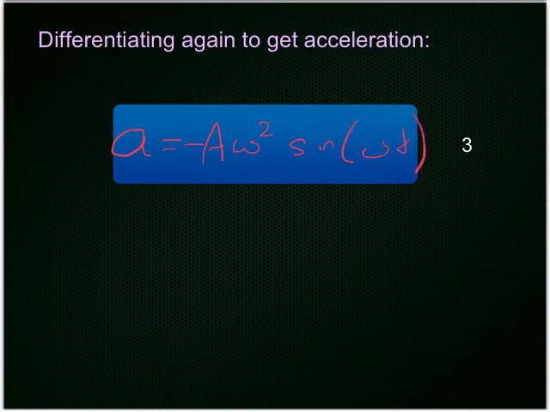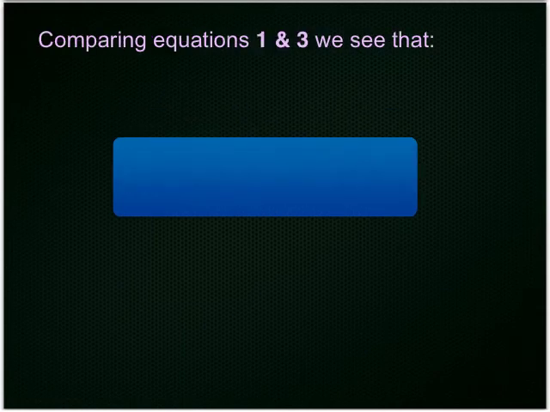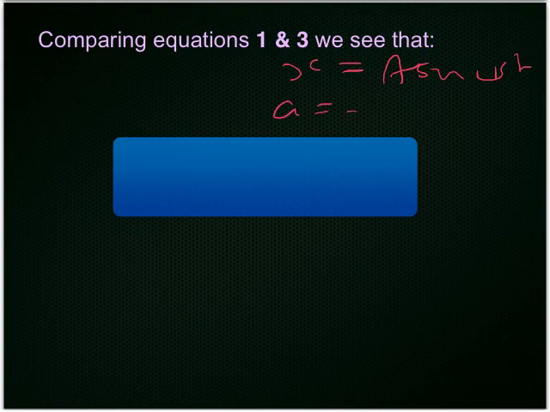So hopefully you see that. Now, what we're going to do is look at a relationship between the acceleration equation and the displacement equation. These are: x equals A sine omega t, and a equals negative A omega squared sine omega t.